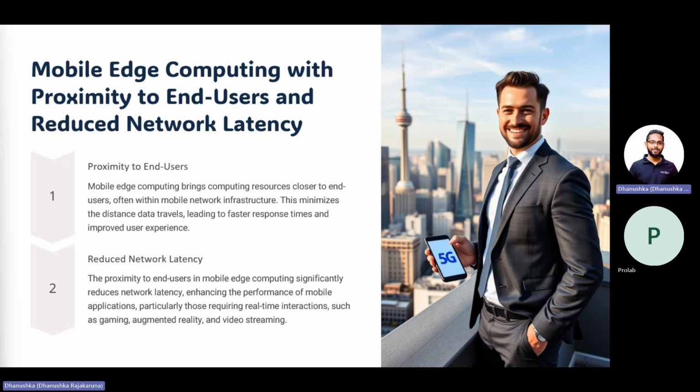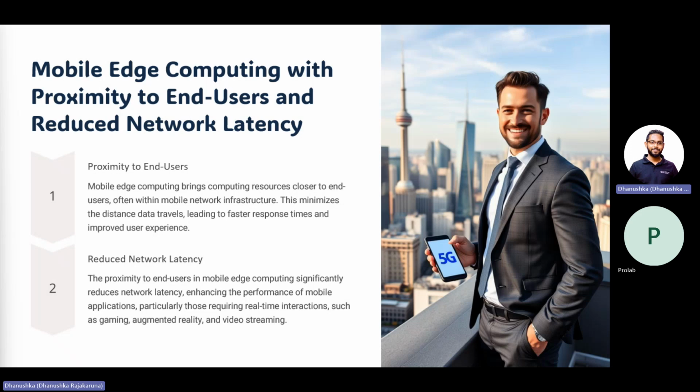They provide localized computations, minimizing the physical distance between data sources and processing points. Low latency: real-time data processing happens at or near the source, reducing round trip time compared to traditional cloud computing. Bandwidth optimization, context awareness, then integrated with 5G.